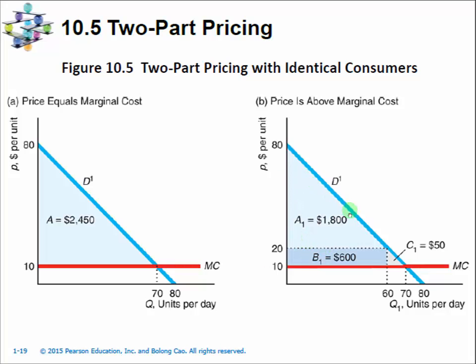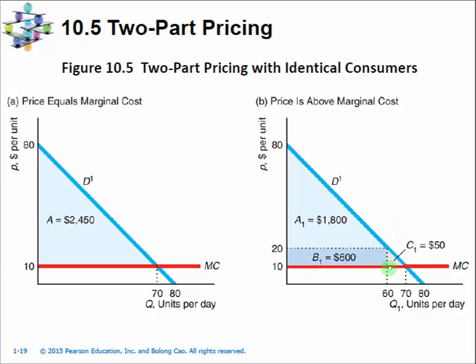So the excess fee becomes $1,800, and we do bring more per unit profit from setting a higher price than the marginal cost. That is 60 times the $10 margin here, which will be $600. So the total producer surplus with a unit price higher than the marginal cost is $2,400. That is $50 less than the $2,450 producer surplus when we just charge the complete area of the consumer surplus as the excess fee and set the price equal to $10, the marginal cost.